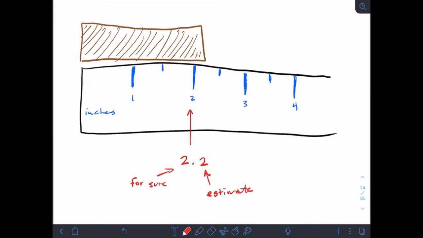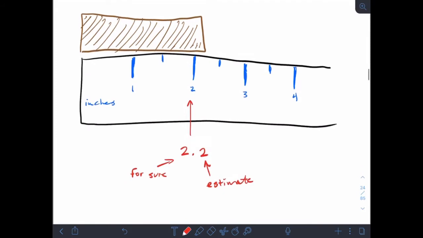Now the reason that we want to talk about this is, let's say I showed you this picture and I asked you to tell me how long is that piece of wood. You're not likely to say 2.25679. Okay, because there's no way that you can know that many digits.